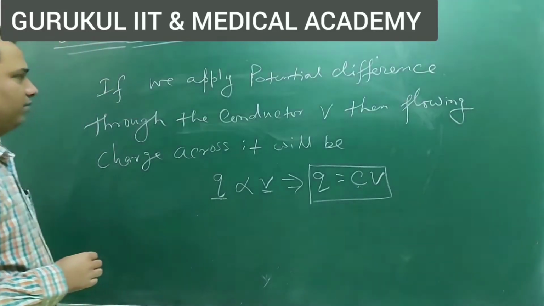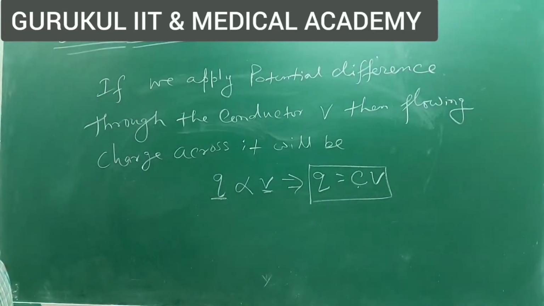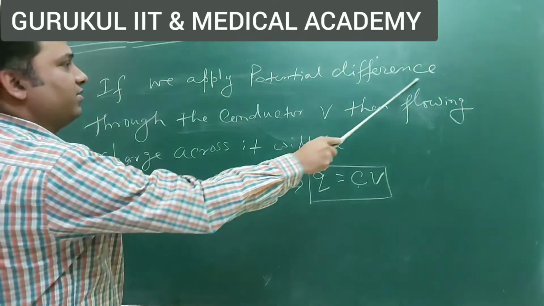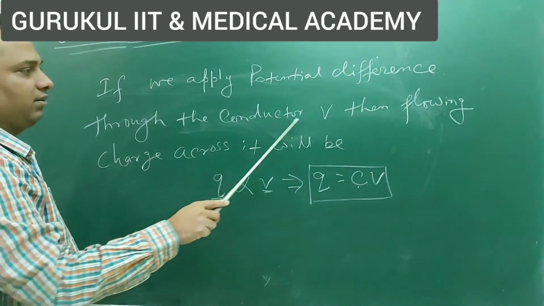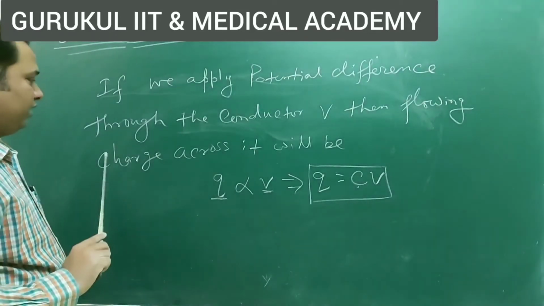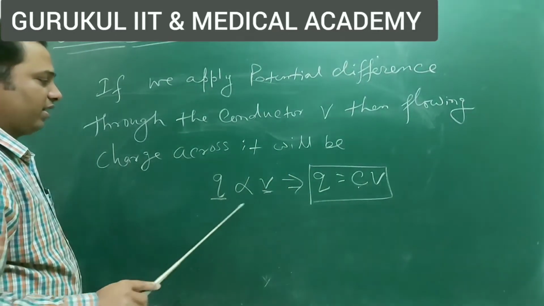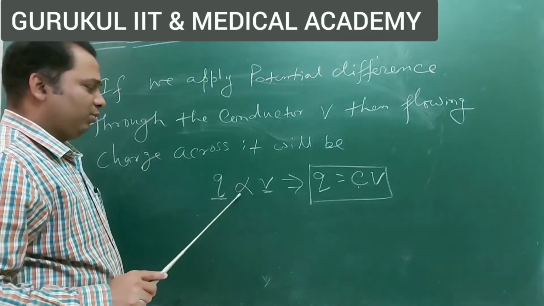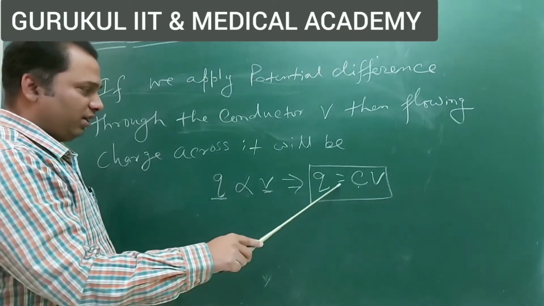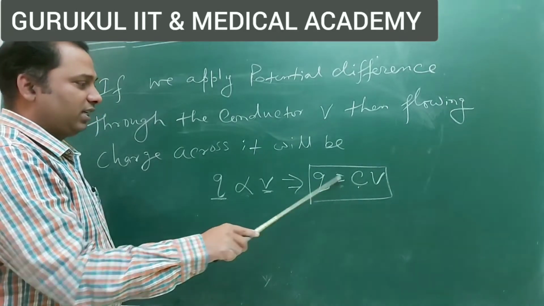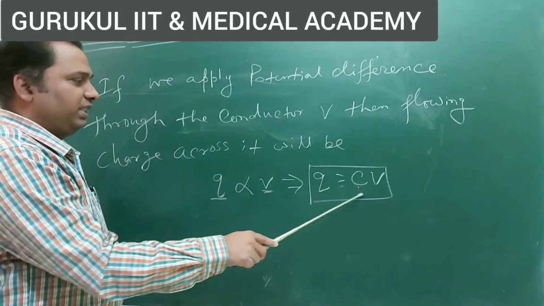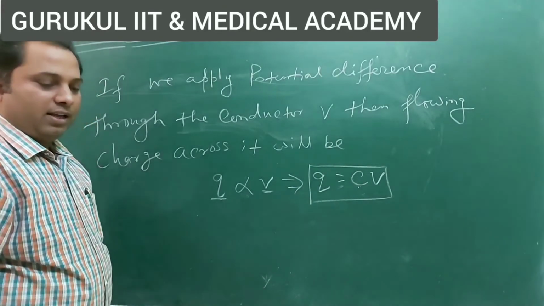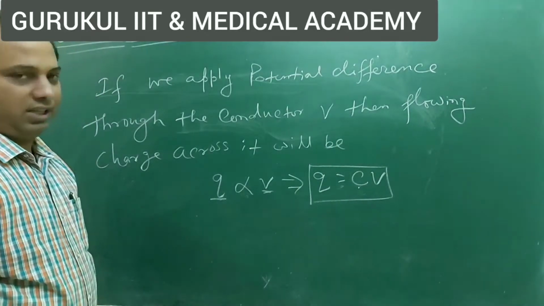Okay, please write down. Once again, if we apply a potential difference V through the conductor, then the flowing charge across it will be Q directly proportional to V, and this is the sign of proportionality. If you replace the sign of proportionality with the equality sign, you need a constant. This constant is C, and this is called the capacitance of a conductor.